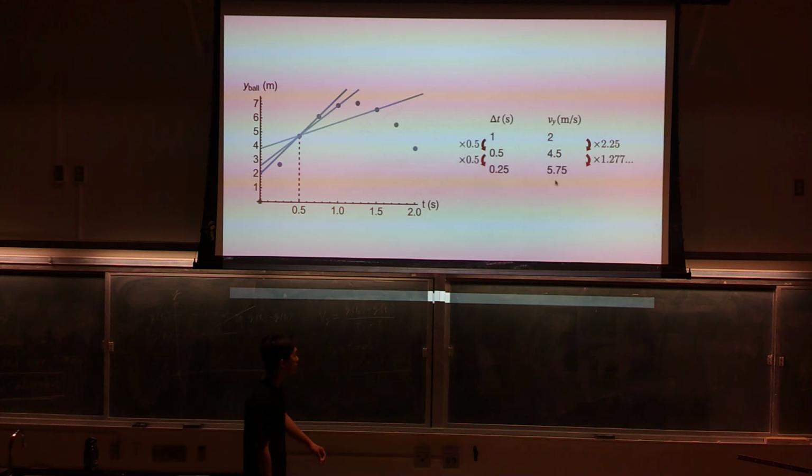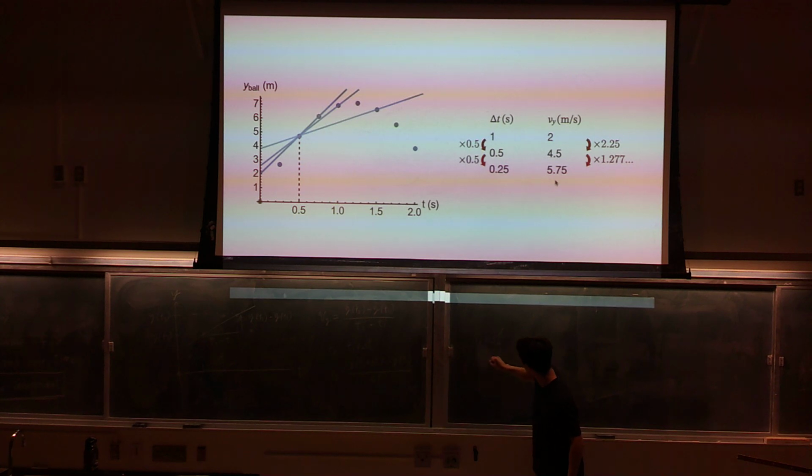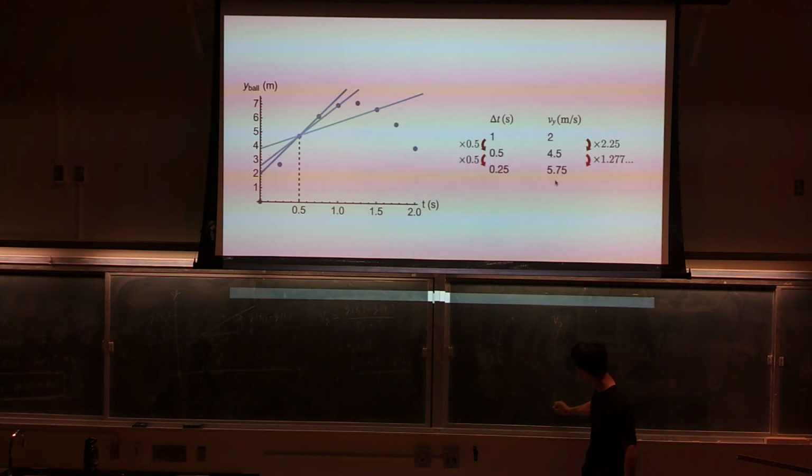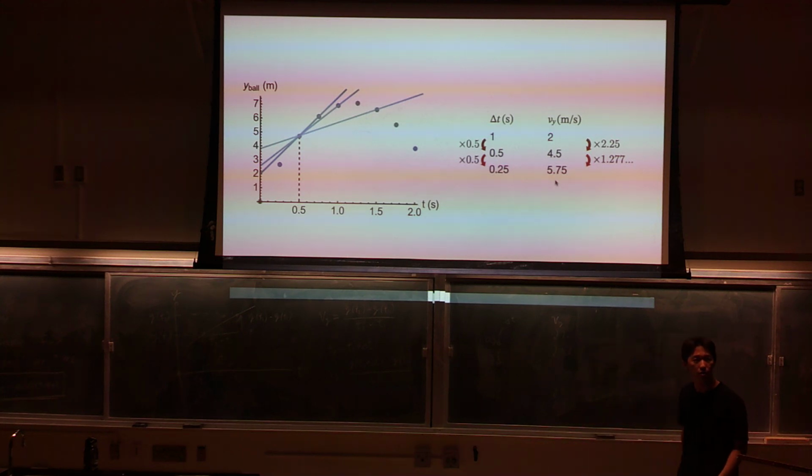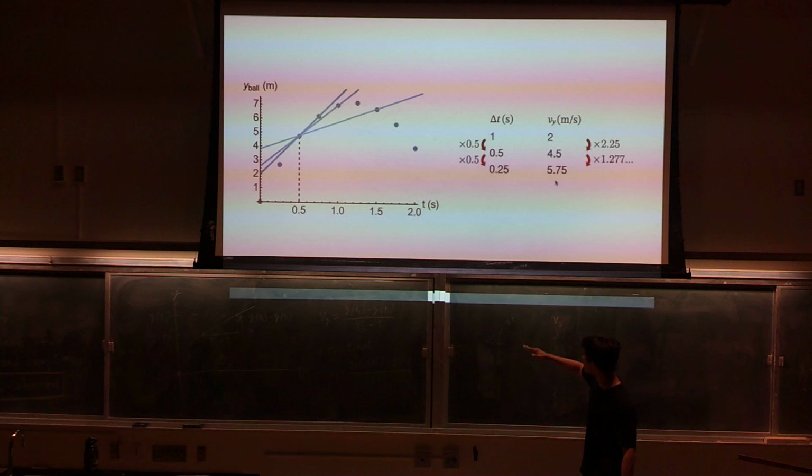And if I keep going down by half for delta t, the y velocity I get is 2 point something, 1.2. At the end, the ratio will be approaching 1, which means that the y velocity stops changing, even though the delta t I'm using is shorter and shorter.